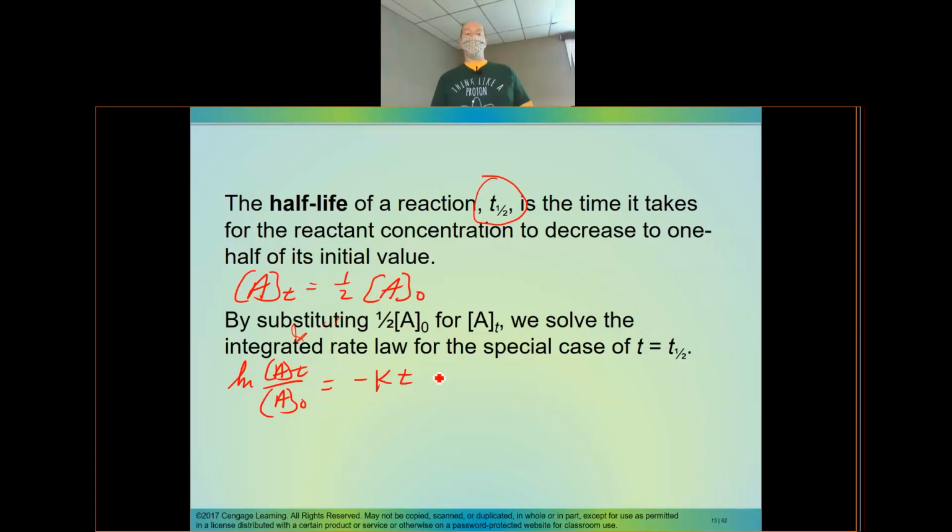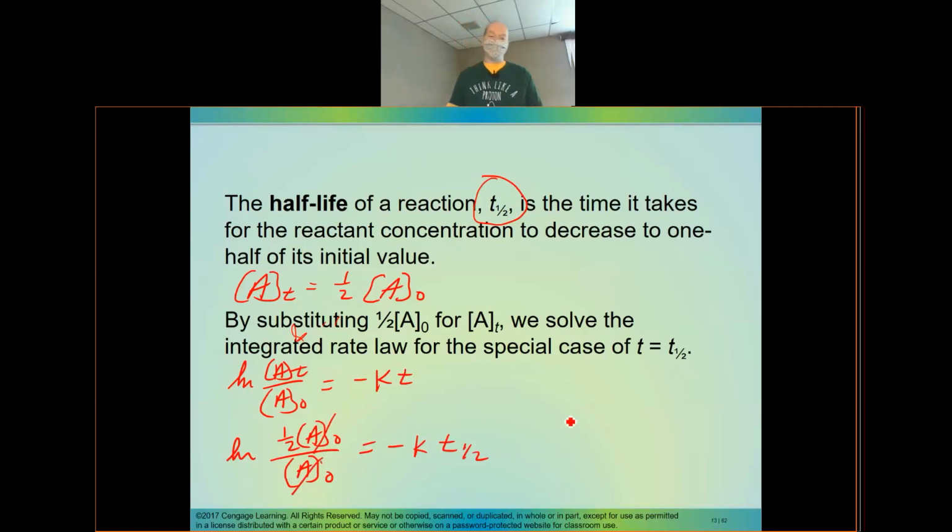So now for half-life, I have the ln of 1/2 of the concentration of A initial divided by the concentration of A initial, equal to negative K T 1/2. You see that your initial concentration of A cancels your initial concentration of A, and you end up with the ln of 1/2 equal to negative K T 1/2.